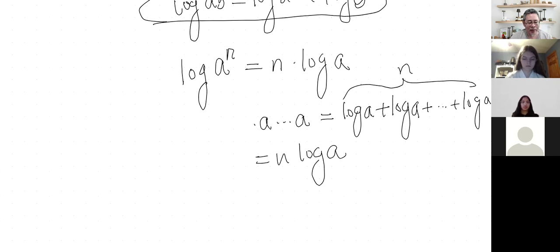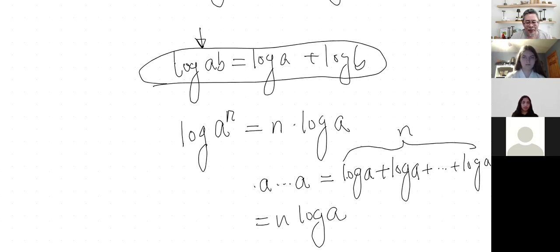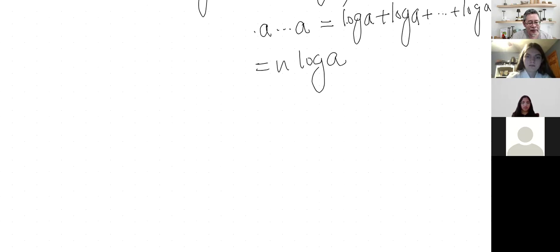You can see that this rule is similar to when we have a to the n times m, where there is multiplication. So let's look at the division. When we have log of a over b, that actually is log a minus log b.